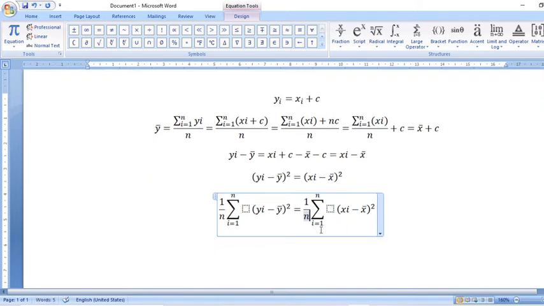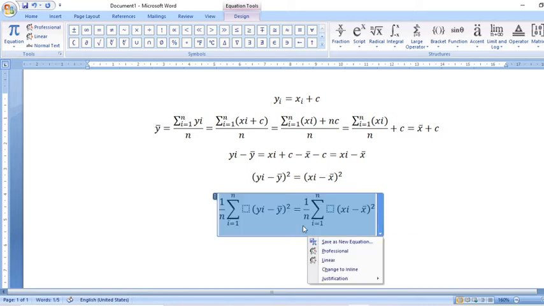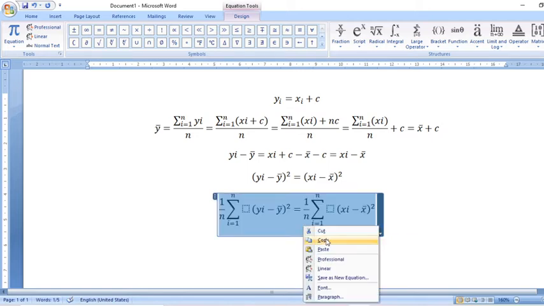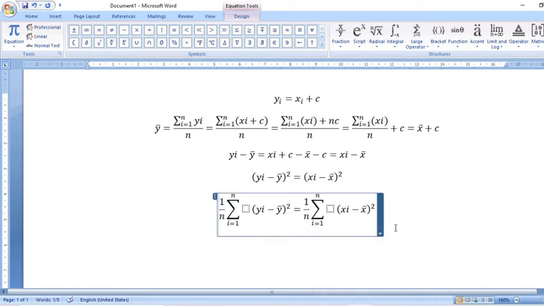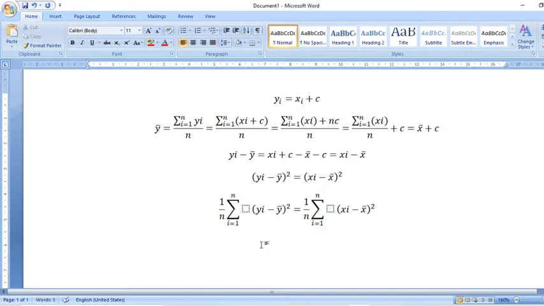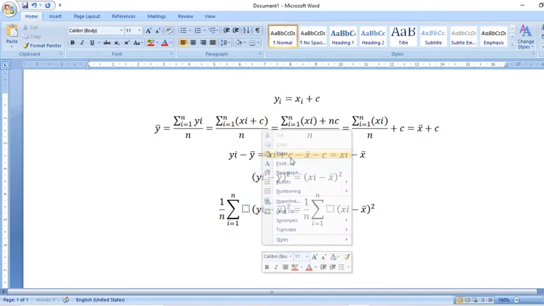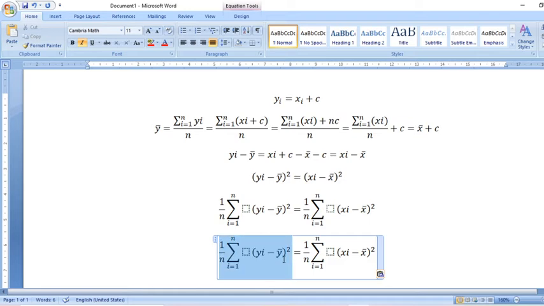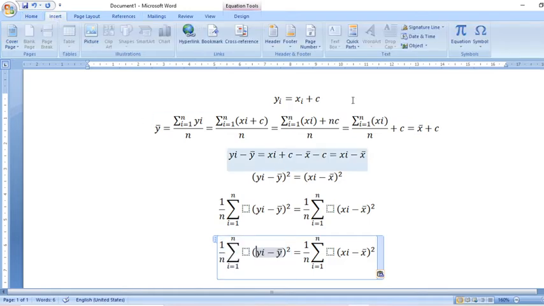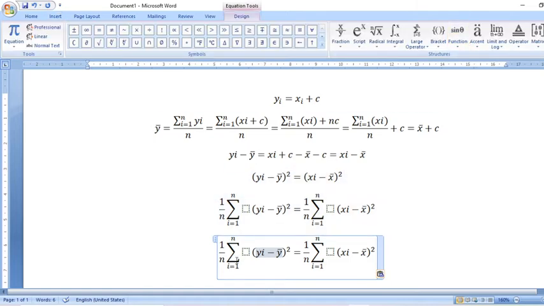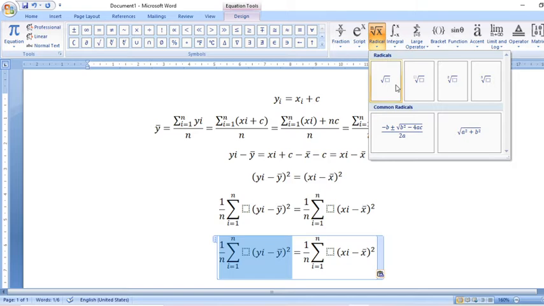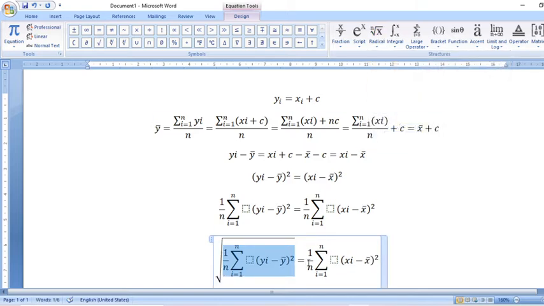Then take the square root of the left side and the right side.